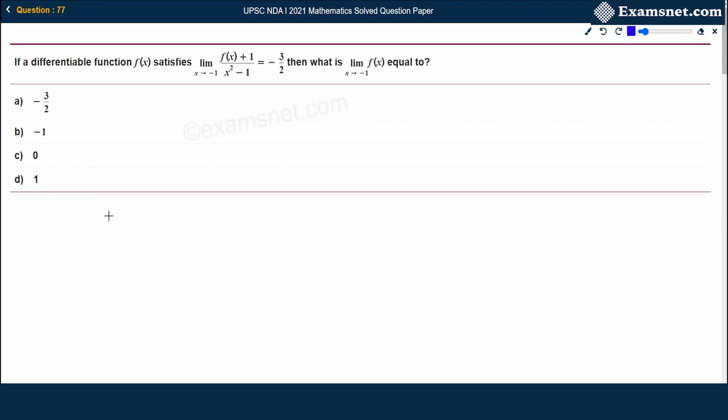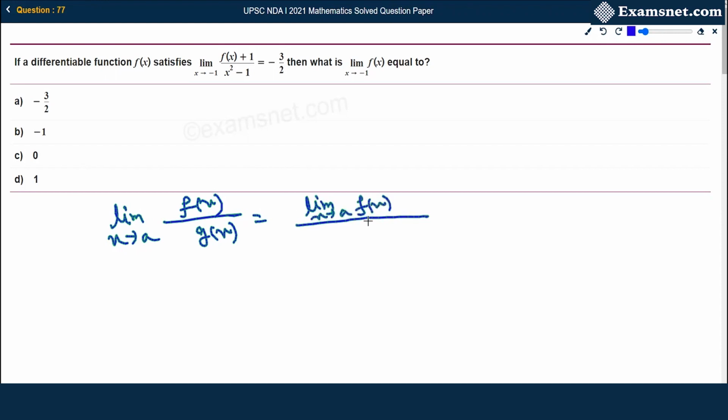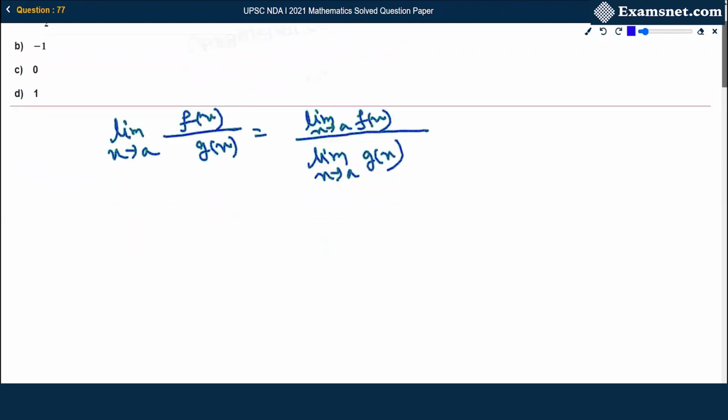Also, we know from the concept of limits that the limit as x tends to a of f of x by g of x should equal the limit of f of x divided by the limit of g of x. We are going to use this rule.